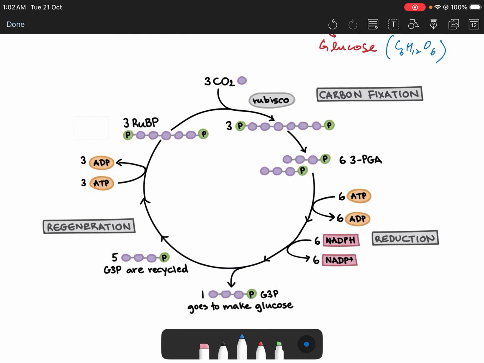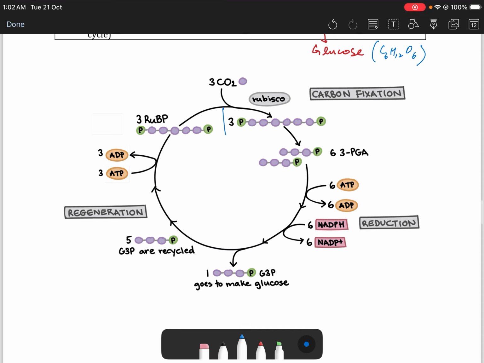Now, in this cycle, we divide it into 3 halves like this, 1, 2, and 3. So the first half over here is the process in which CO2 is fixed into a 3 carbon compound. This process is called carbon fixation. We label it as step number 1.